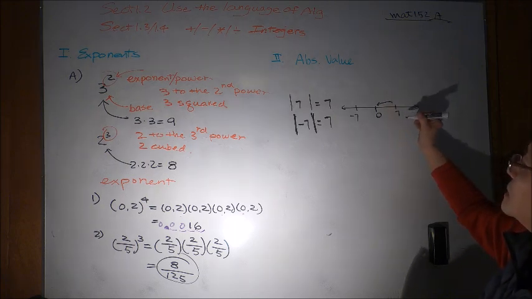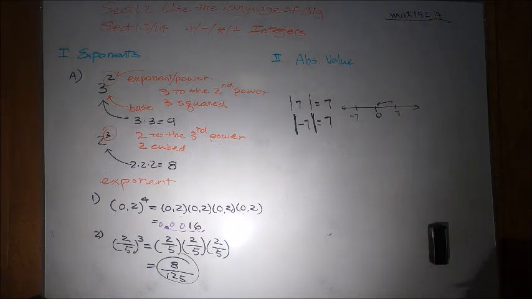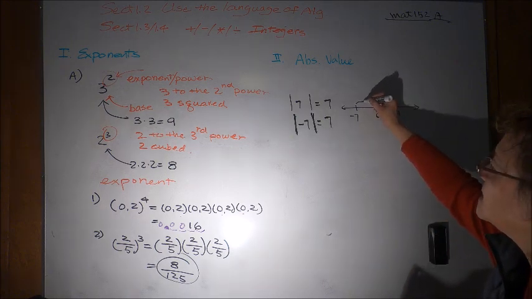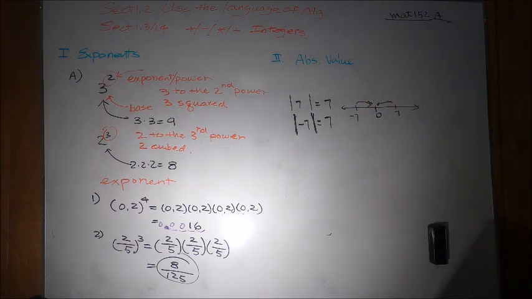So how far? There are 7 units, right? From negative 7, it's still 7 units. So the distance is always positive. We don't describe distance with negative, right?